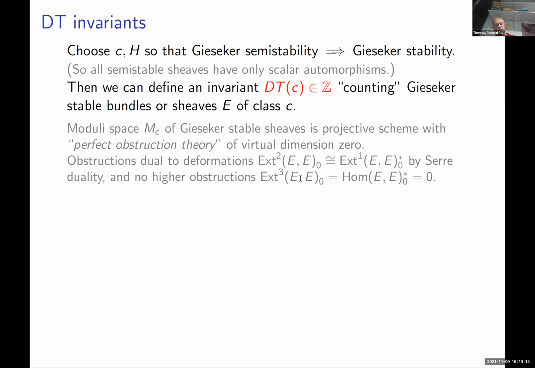And even though you can't do that, you can produce some replacement for the fundamental class of the moduli space. So that's called the virtual fundamental class, and that will be zero-dimensional in this case, because the virtual dimension is 0.